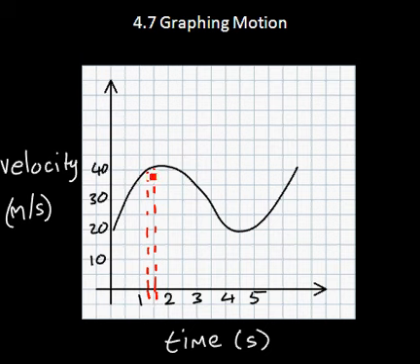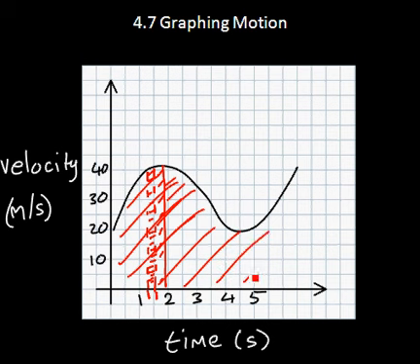Its speed for that short little amount of time is about the same. So I could work out the area of that little rectangle, and then the area of the little rectangle next to it the same way, and I could just keep on going until I've worked out the entire area under the curve, and that would still tell me how far this object has traveled.